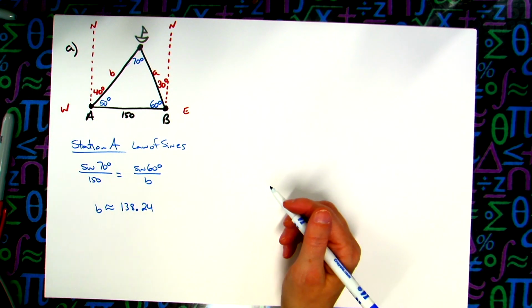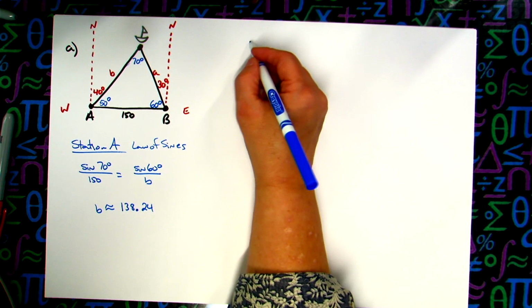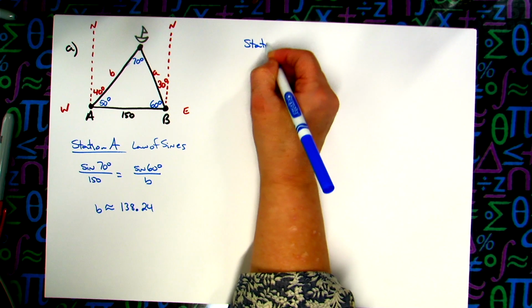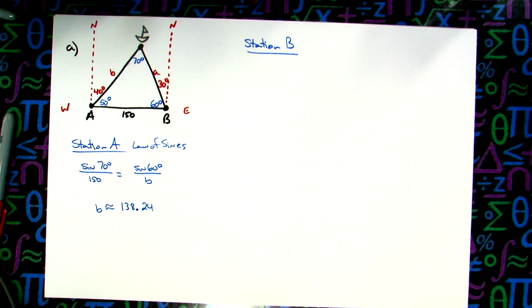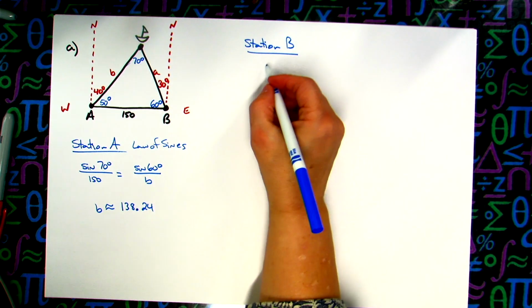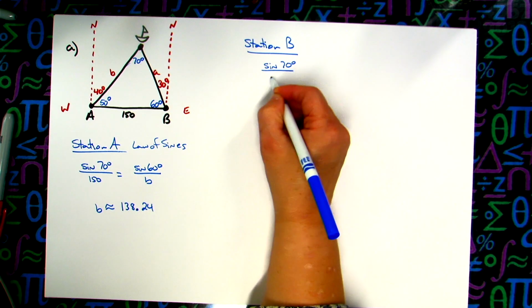Okay, and you ought to be able to then go ahead and calculate a similar law of sines for station B. We definitely want to use the 70 and the 150. Sine of 70 degrees over 150 for that.